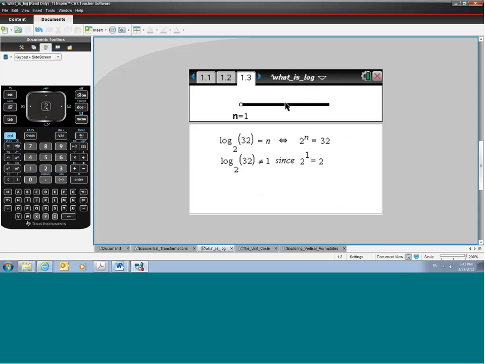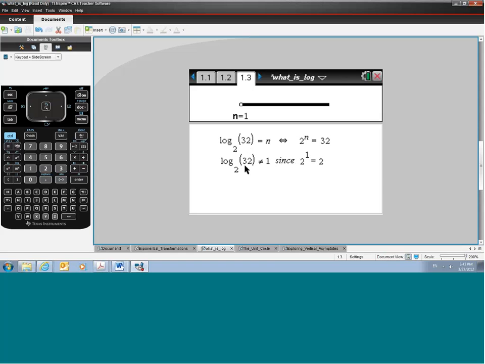Back to here, move to page 1.3, and it gives a question. Okay, we've got log base 2 is 32. We know there's a relationship between the exponential form of the equation and the log form of the equation. What does n have to be in order to give me the exponential form of this equation?